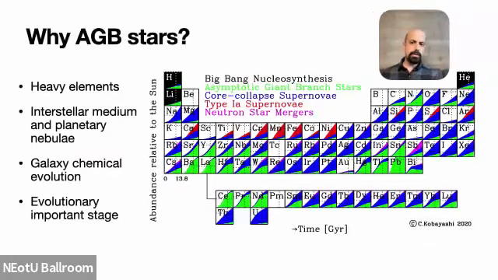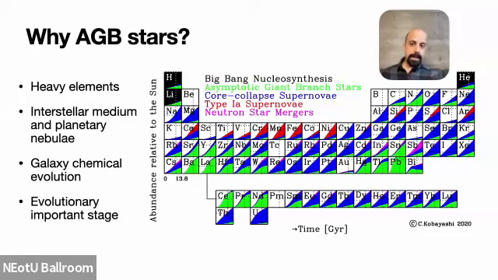So what is the big role of the AGB stars that makes them special? Here you can see a periodic table of elements showing their origins. Everything green here is from AGB stars. So AGB stars are a primary source of carbon, nitrogen, and other heavy elements in the universe, which are essential building blocks for life.